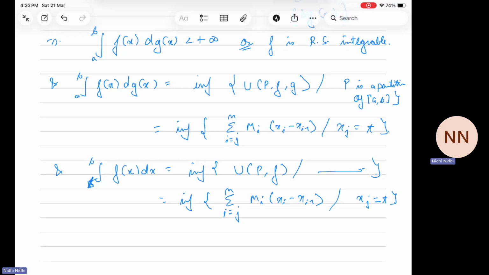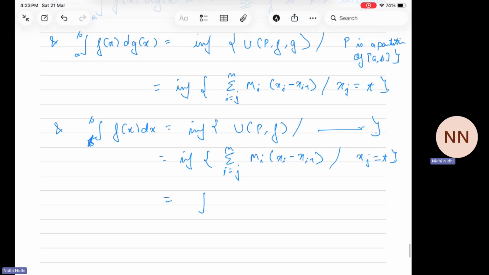So that's why I'm taking from j to n. Because eventually this gives us the integral from a to b of f(x) dg(x).